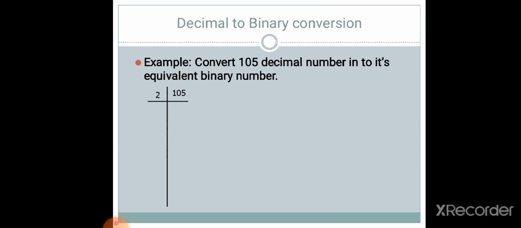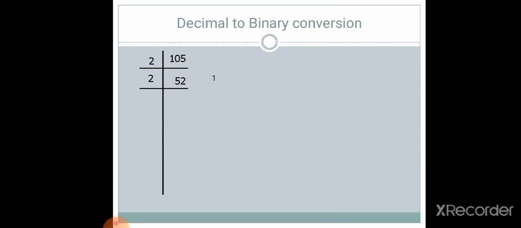Now how to do this division we'll see. First, all of you write this number 105 and draw one column for 105 and one column for 2. So 2 5s are 10, 2 2s are 4.